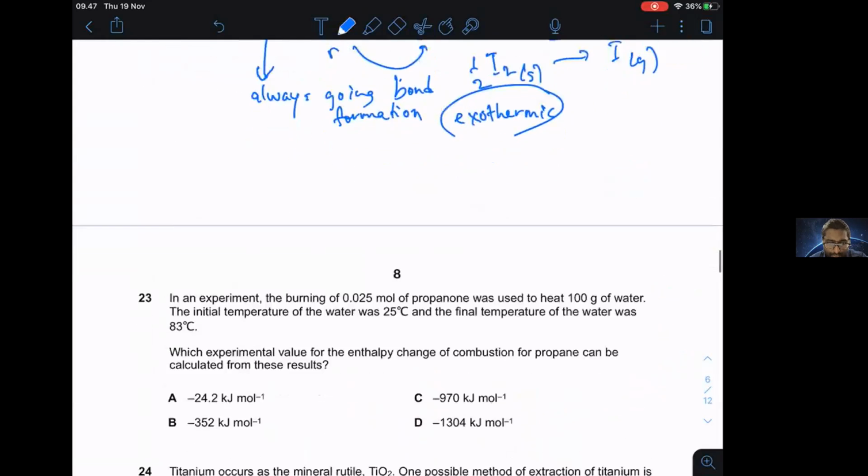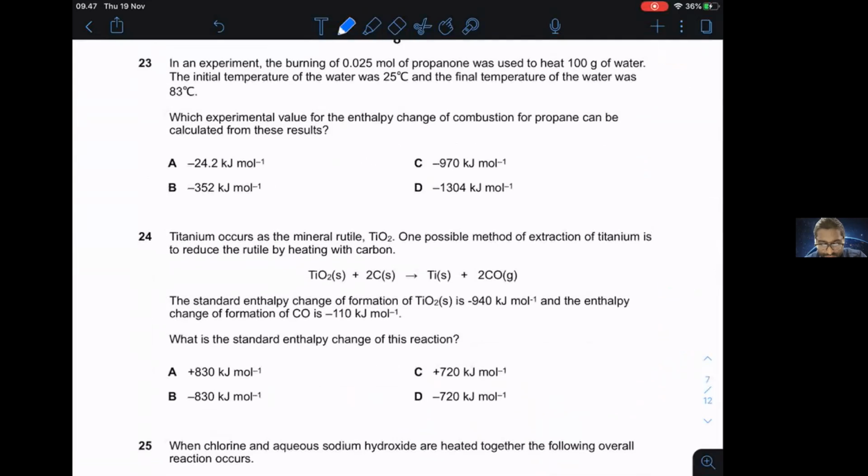Now, in an experiment, this one is going to be Q equals mcΔT. The burning of a certain amount of propanol was used to heat 100 grams of water. So we use Q equals mass of water, 100. The initial temperature was 25, the final temperature is 83, so you just need to find the difference of the temperature.